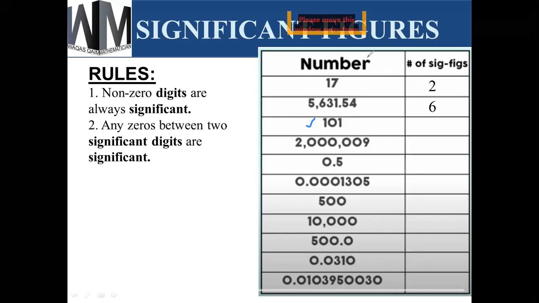So that zero must be counted as a significant figure. So in 101, how many significant figures are there? Right. Three significant figures are there in this 101.